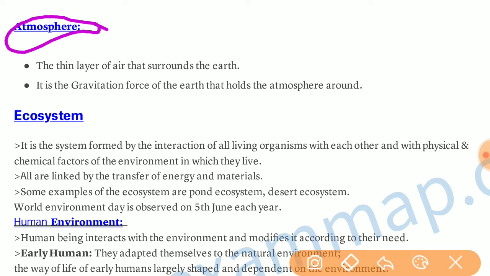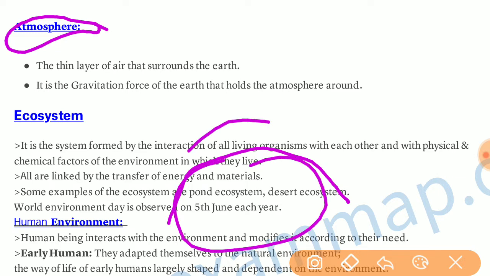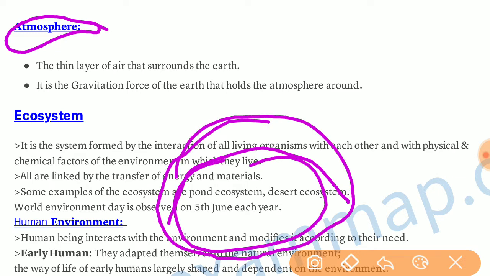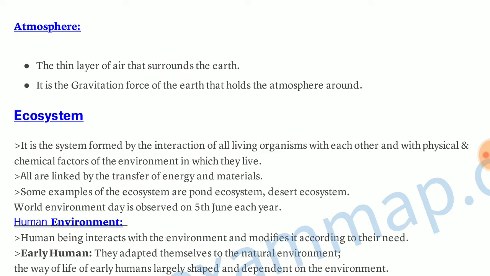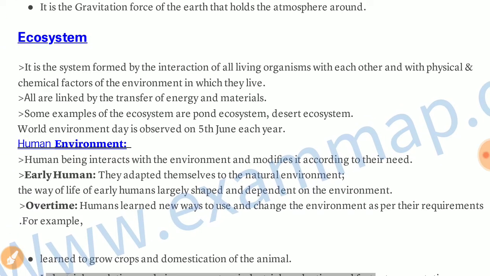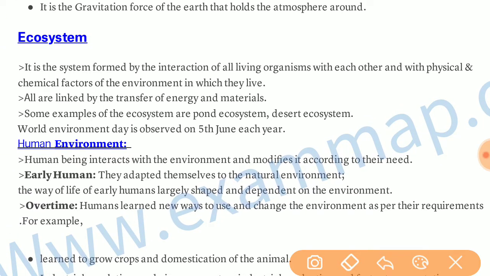Atmosphere. The thin layer of air or gases that surrounds earth is known as atmosphere. It is the gravitational force of earth that holds the atmosphere around the earth. Ecosystem. What is ecosystem?